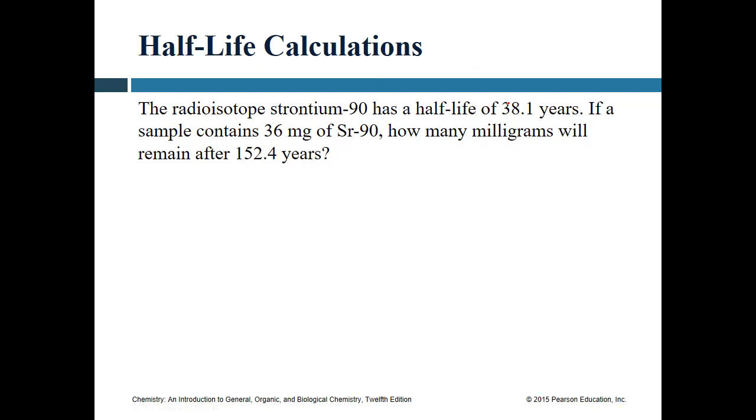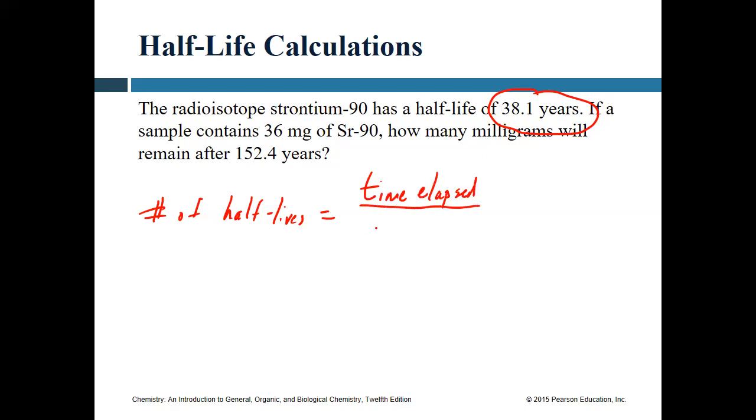So in this problem, we are told the value of the half-life. The half-life is 38.1 years. If I want to know the number of half-lives, what I need to do is divide the time that has elapsed by the half-life.